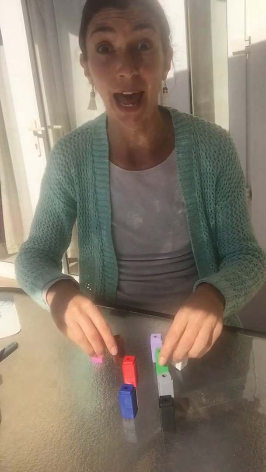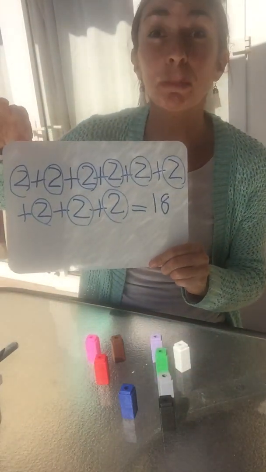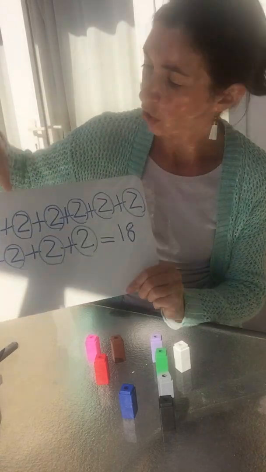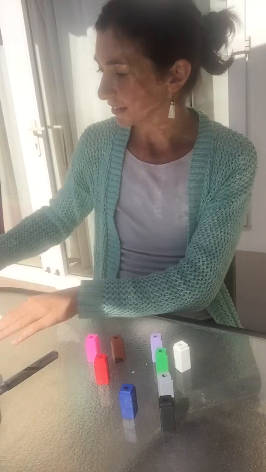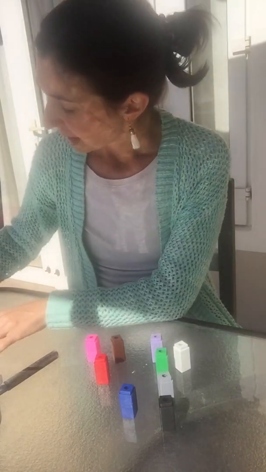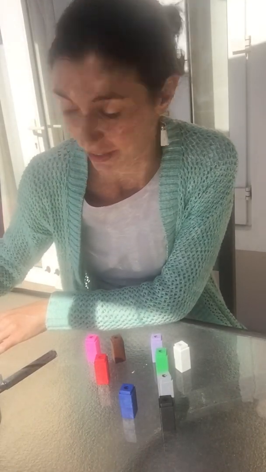If we've got our groups and I'm counting in 2s, this is repeated addition. So I'm repeating the same number and I'm adding. But what is the same as repeated addition is something beautiful called multiplication, timesing.